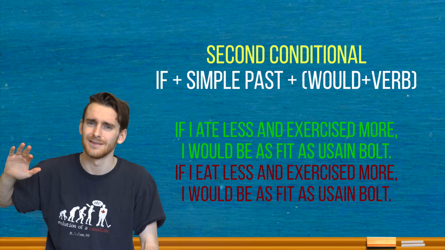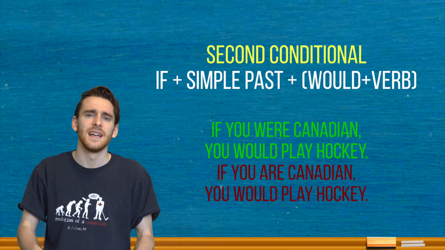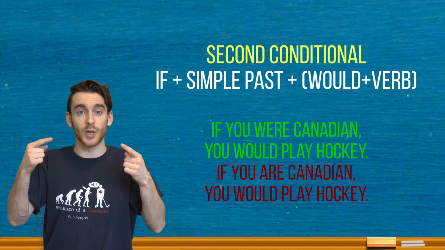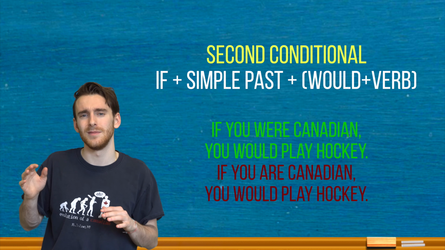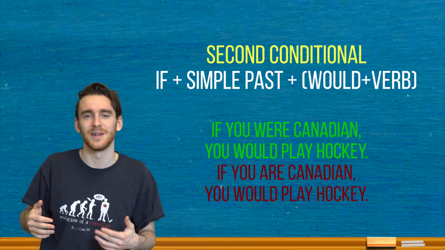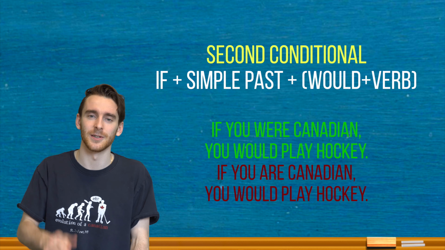Okay, that's a bit iffy. I don't think so, but you could say it, right? Also, the example I gave you before, right? If you were Canadian, you would play hockey. Okay? Yeah, not all Canadians play hockey, but I play hockey. It's fun. And a lot of Canadians do, but that's a stereotype, right?